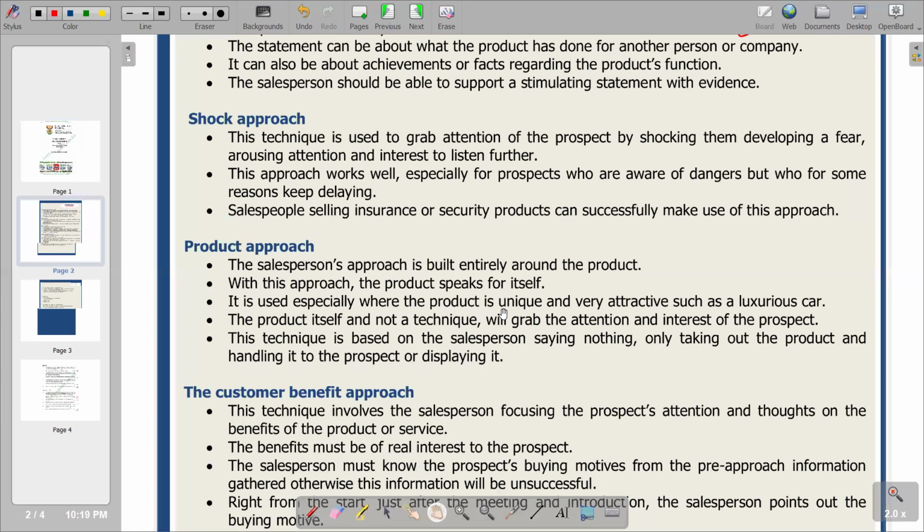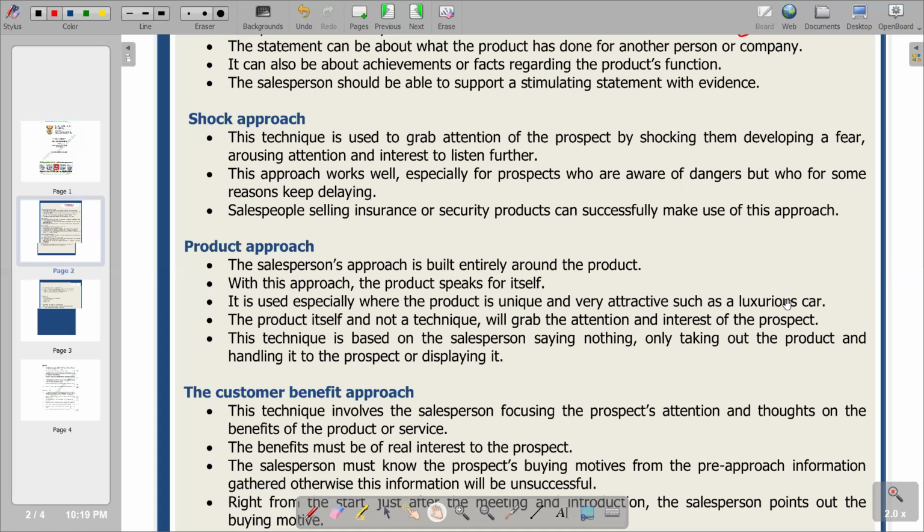So basically, you are trying to persuade the prospect by presenting the product. The explanation given is that it is used especially where the product is unique and very attractive, such as a luxurious car. So in that case, you are going to make the prospect be attracted by the nature of the product.